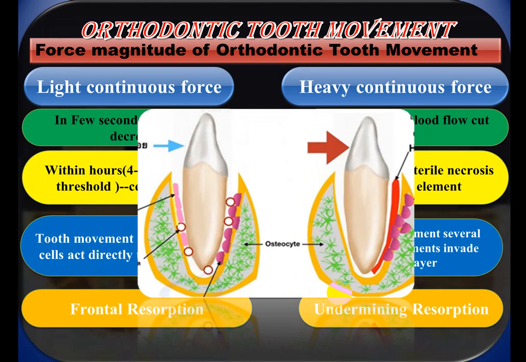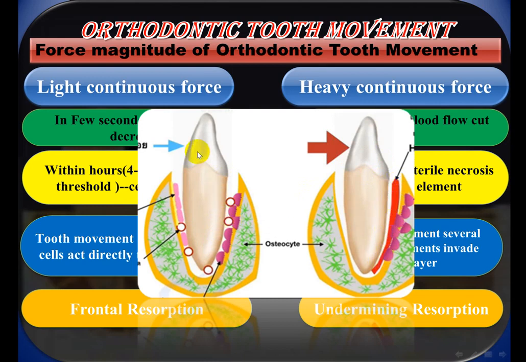This diagram also summarizes what happens if we have a light continuous force or a heavy continuous force. You can see the difference between them. In the light continuous force, there will be no hyalinized area in the PD ligament of the compressed side, while in the heavy continuous force, there will be a hyalinized area in the PD ligament.